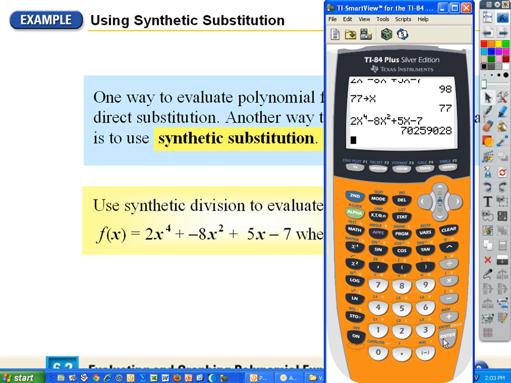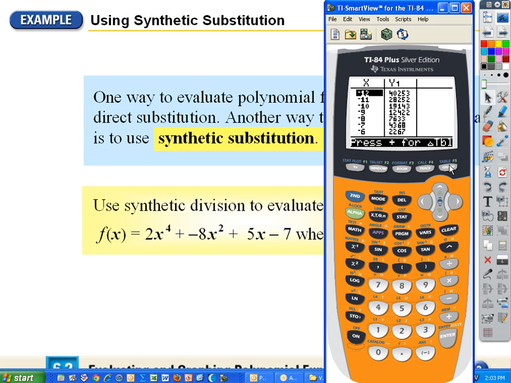There's another way that's also pretty easy. If we go to y equals and we enter this expression as y1, then if we go to the table, if we hit second table, I had pushed it down to some negative values, but it's going to give us a table of values, x values, and the corresponding y values.